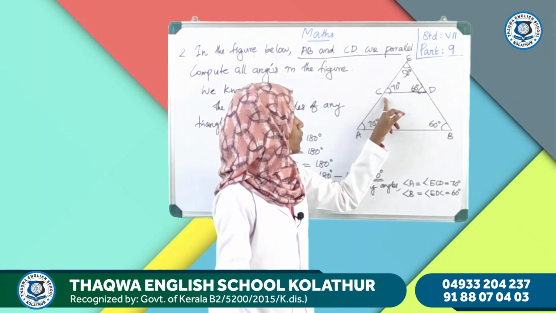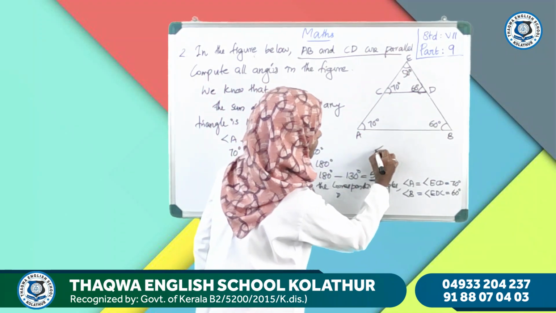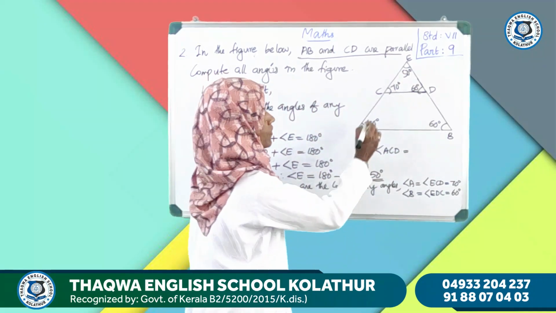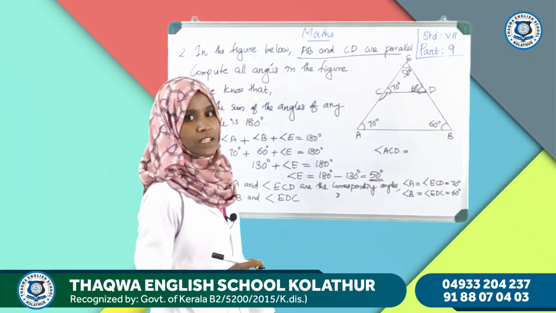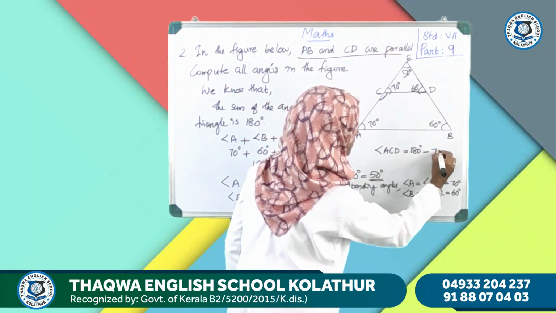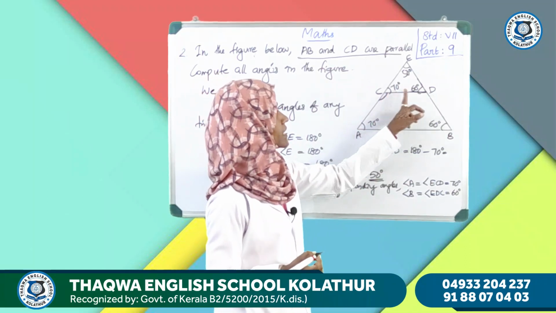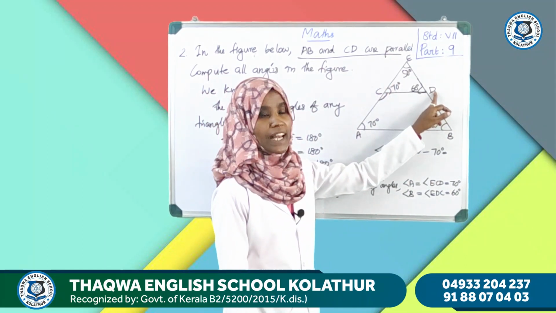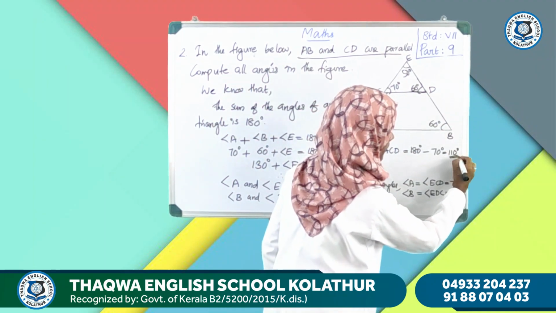Now what is angle ACD? Can you say what the measure of angle ACD is? It's 180 minus 70 degrees. Why? Angle ACD and angle ECD form a linear pair. So this is 110.